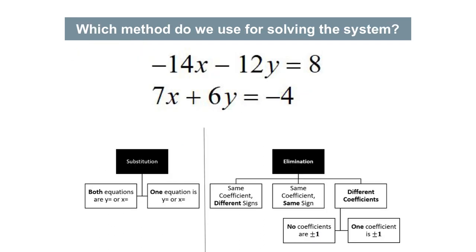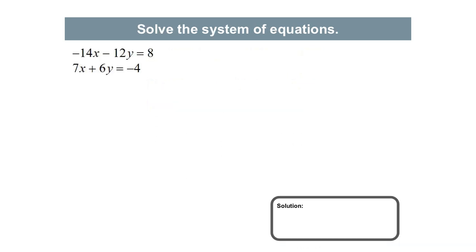Think about which method you should use for solving this problem. Hopefully we picked no coefficients or plus minus 1 for different coefficients. This is one of the ones where we have to do big divided by small. So I can do 14 divided by 7 and I get 2.